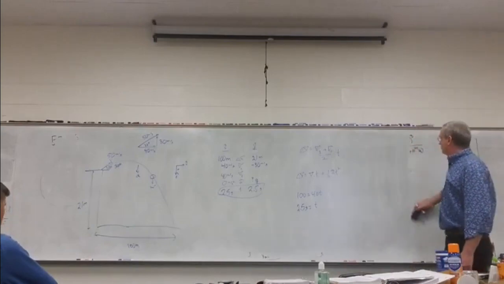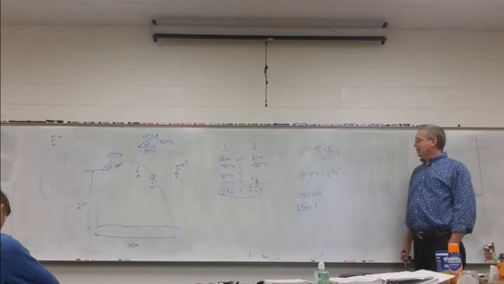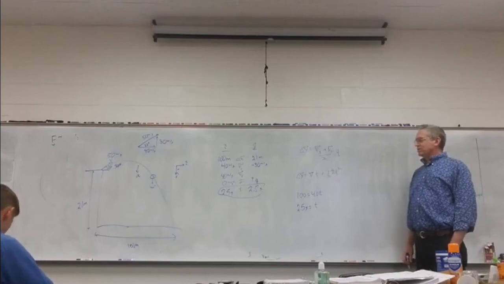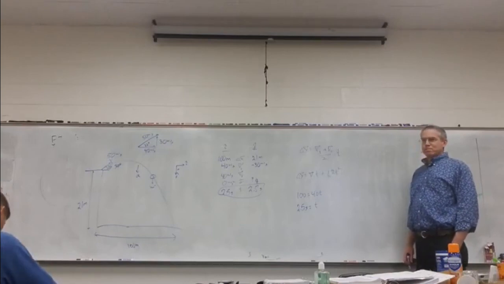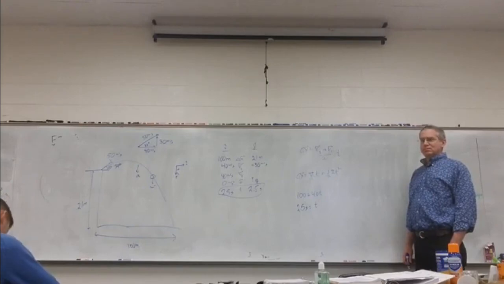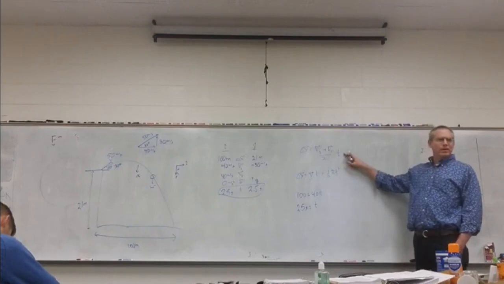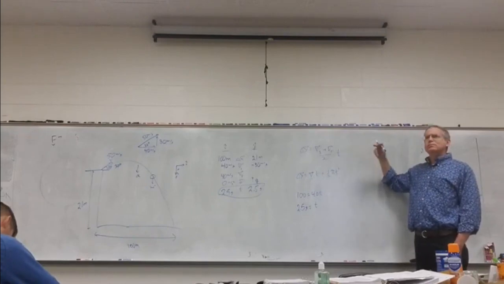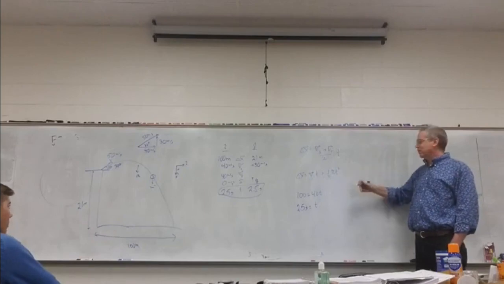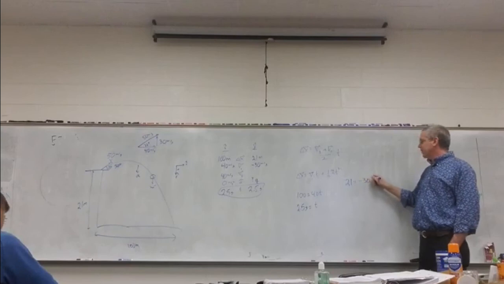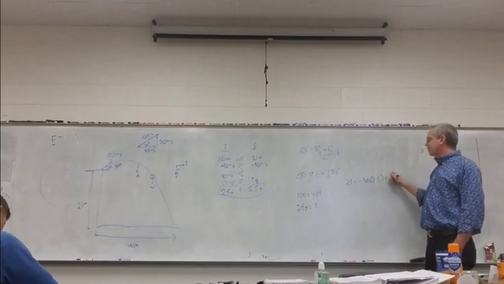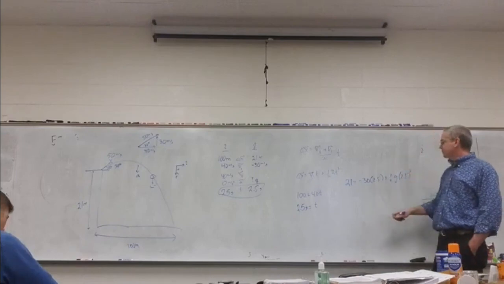All right. So what formula should we use? The first one? We're solving for acceleration, so that's probably not going to help us a lot. The same one you just used. This one right here? All right, so we get 21 equals negative 30 times 2.5 plus 1/2 G times 2.5 squared.